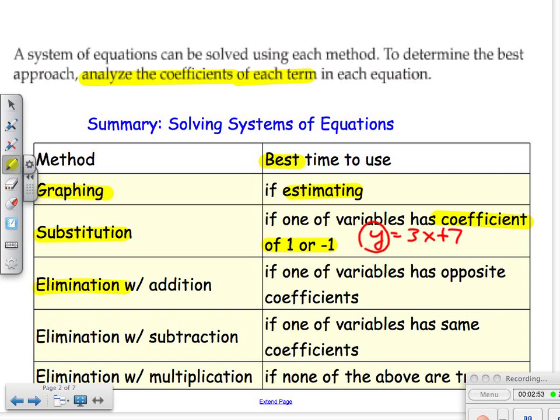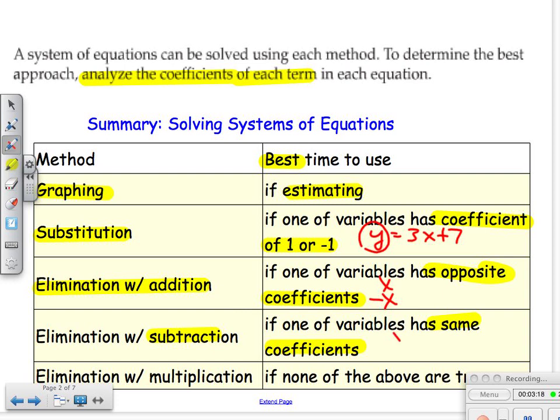Elimination with addition: if one of the variables has opposite coefficients, then you can use addition. So that would be when you have x and a negative x, all right? You'll use subtraction if one of the variables has the same coefficients.